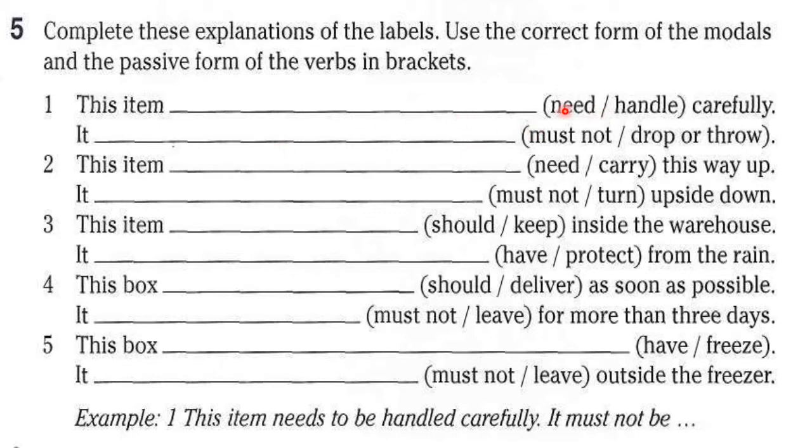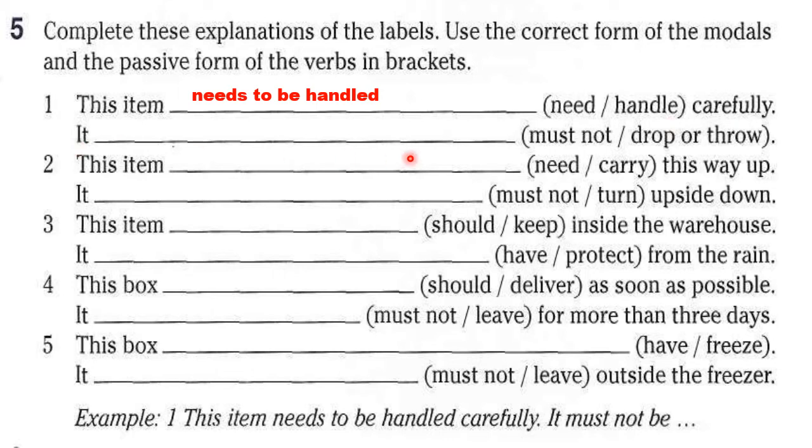So we have to put be, then the past participle, as the example which we saw before. Look at the answer. This item needs, now we put an S here because item is singular. Needs to comes with need normally. Needs to be, here we add be, then we put handled, which is the PP of handle. So needs to be handled carefully.